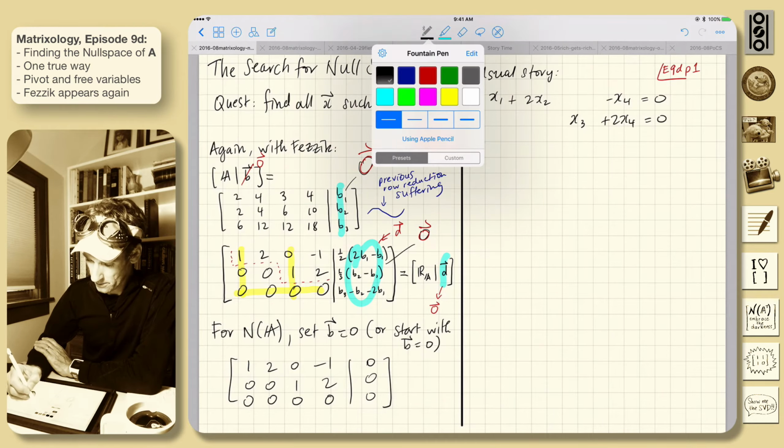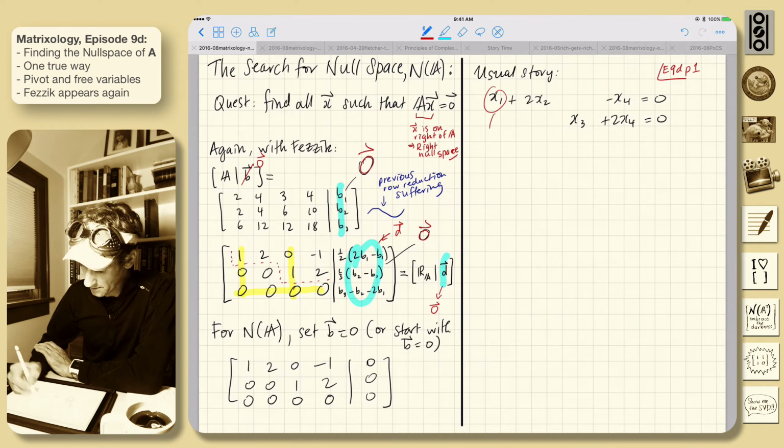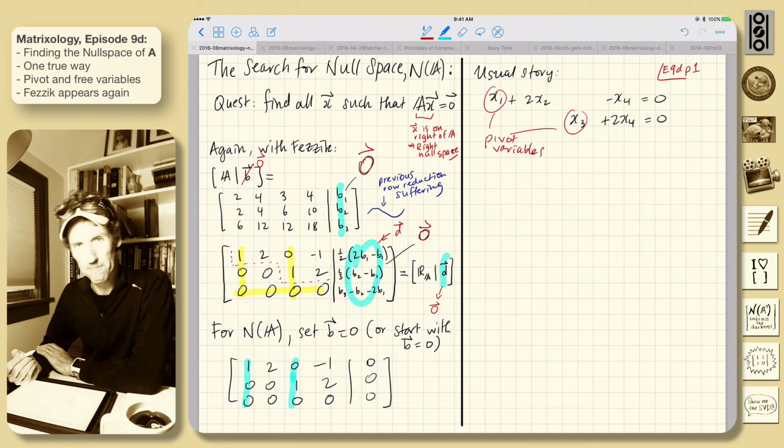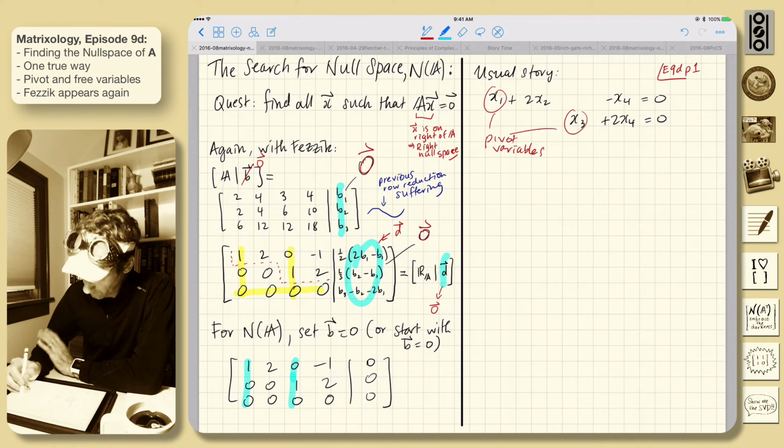Let's annotate a few things. These two, x1 and x3, are the pivot variables. They correspond to the identity matrix columns. And then x2 and x4 are the free variables.